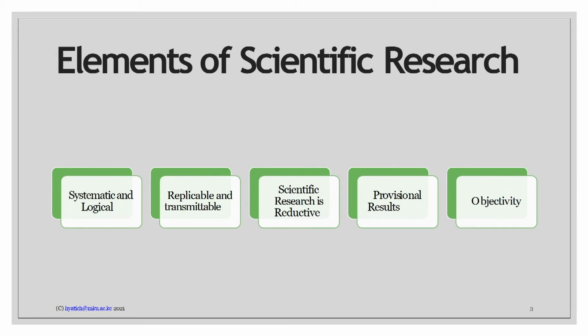Fourthly is that we always insist on provisional results. What do we mean by scientific process adhering to the element of provisional results? What we are simply saying is that the provisional results of your findings should be able to inform further studies.